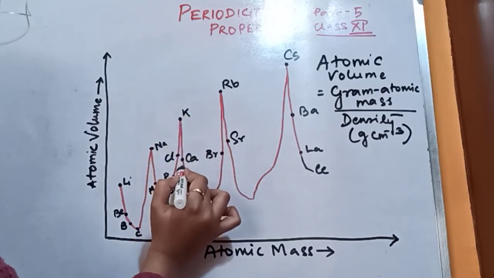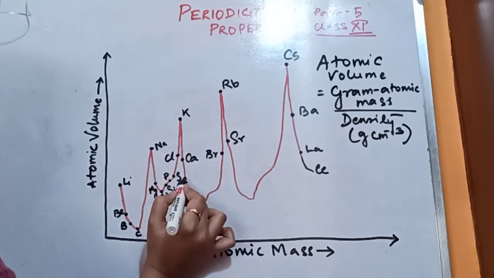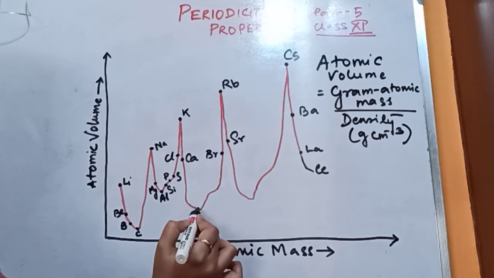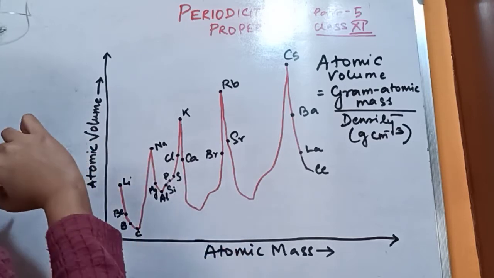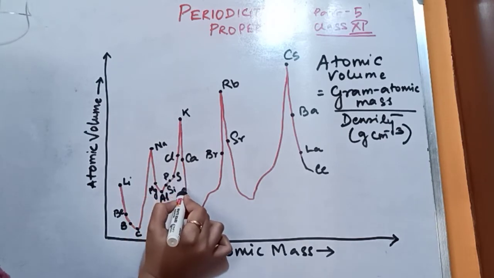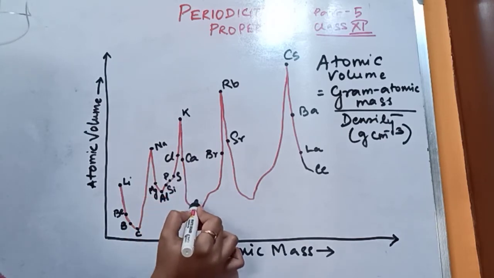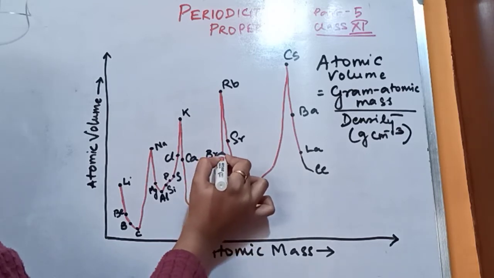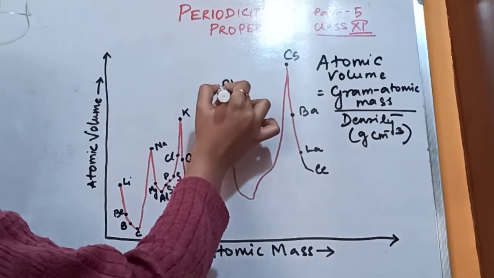Again to calcium, then we will have the entire D block elements here in the lower portion. Then the P block elements ending at bromine, again starting at rubidium.